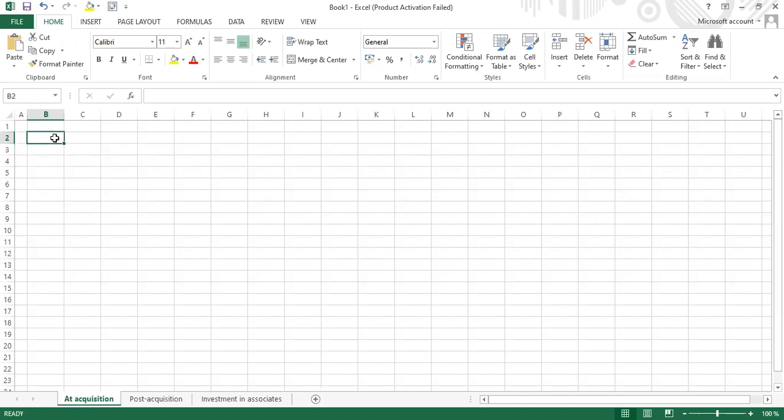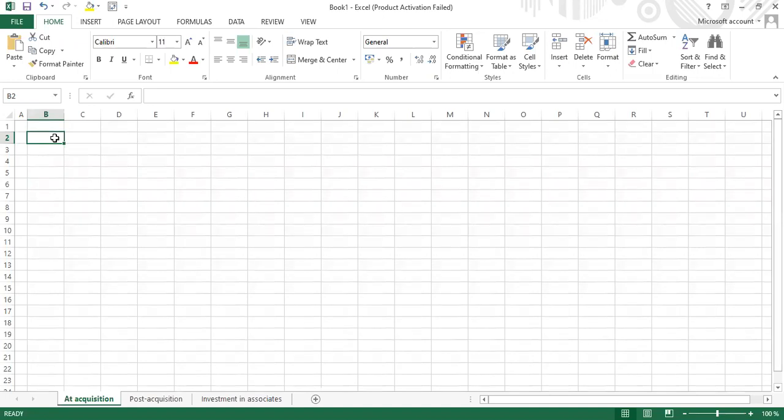So assuming there is control at acquisition, how does the story affect your preparation of profit or loss accounts? What we'll just be focusing on here is how it affects profit or loss accounts. So I won't concern myself with how it affects the statement of financial position, because the belief is that you're already in the process of learning that.